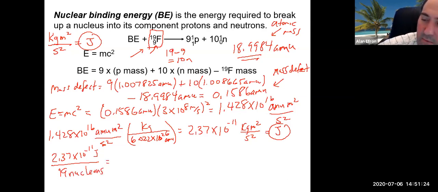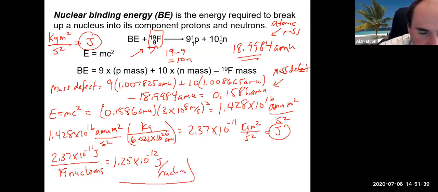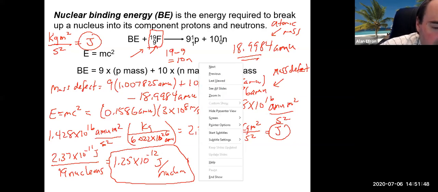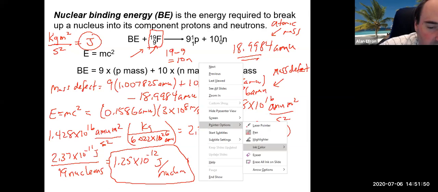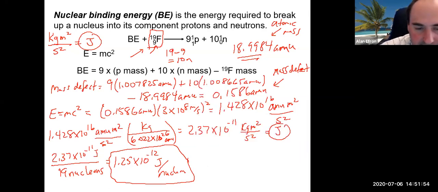And if we do that, we end up with 1.25 times 10 to the minus 12 joules per nucleon as the binding energy for this particular isotope. Now, that is one common unit that is used to represent binding energy, which is joules per nucleon.